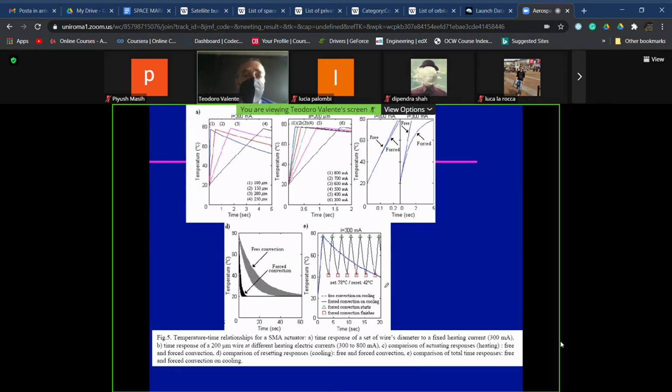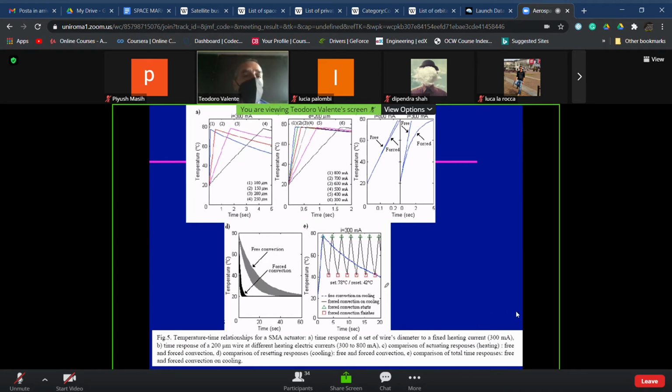We can make, for example, for a fixed value of current intensity, you see the picture with 300 milliamperes, we can plot the temperature variation according to time and to the diameter of the wire.